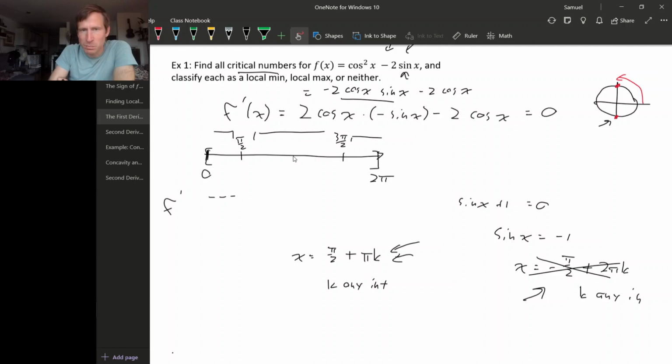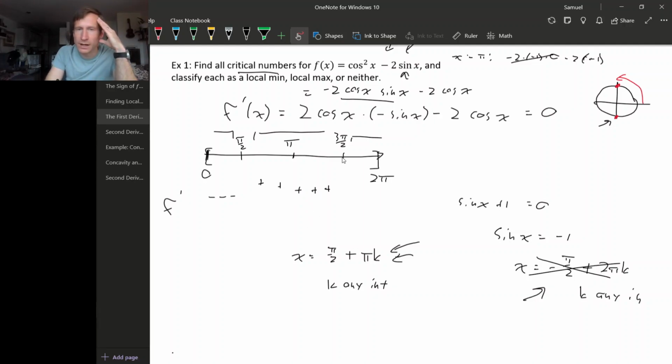All right, for this middle portion, why don't we plug in pi? That seems like an easy spot. So if we plug in pi, these cosines become minus 1. So let me write this out. When x is pi, we get minus 2 times cosine of pi, which is minus 1, times sine of pi, which is 0, minus 2 times cosine of pi, which is minus 1. So this part drops out, and we get plus 2. So the derivative is positive in here.